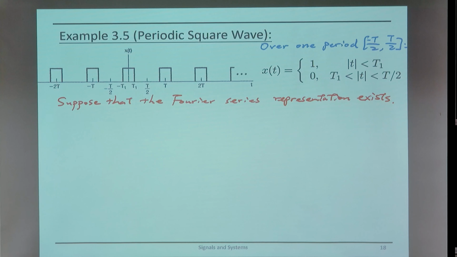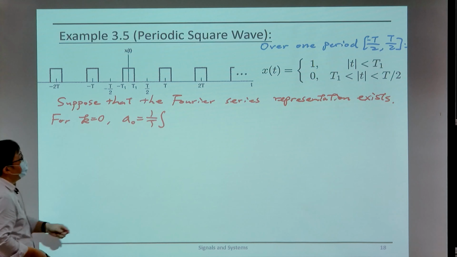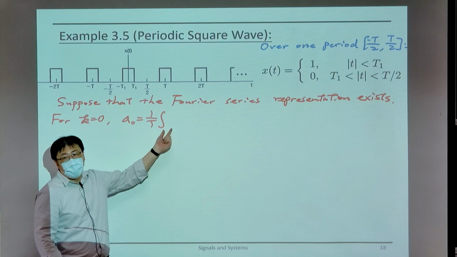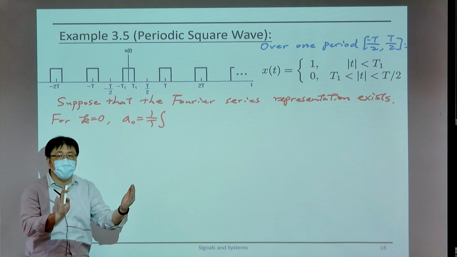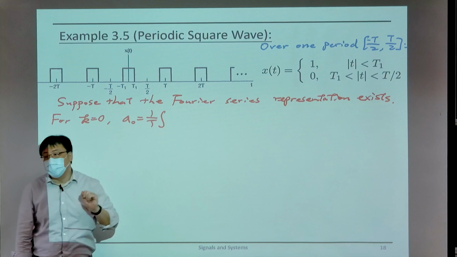Suppose you start out with the case where k is equal to 0. Then a_0 is just 1 over T times the integral over any interval of length T. Whichever interval is more convenient for me, I can use.